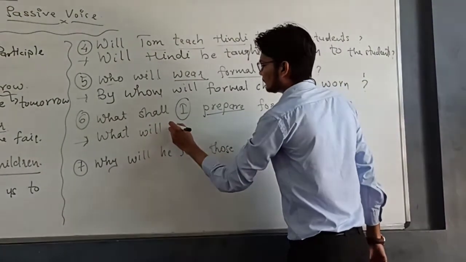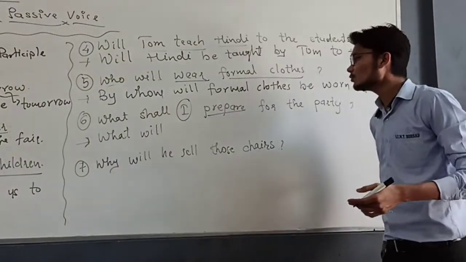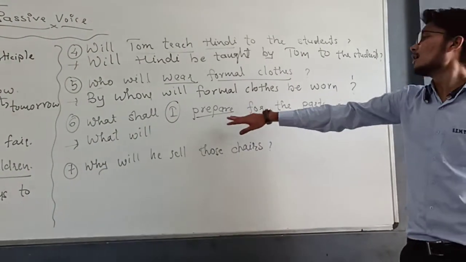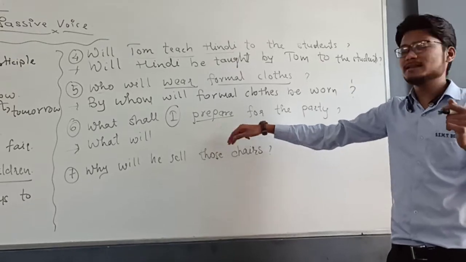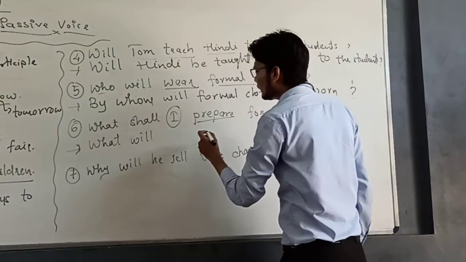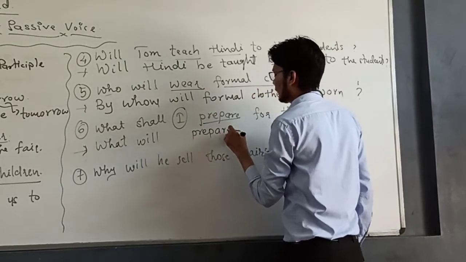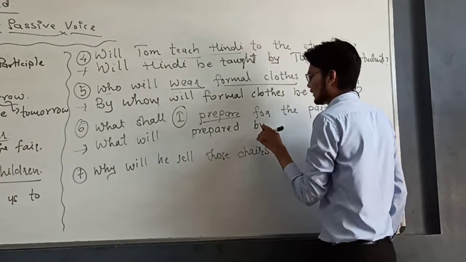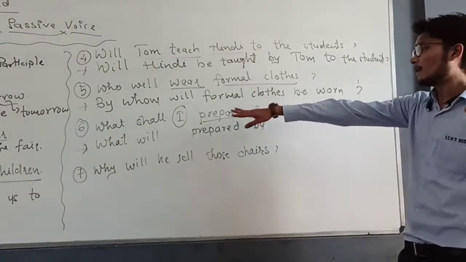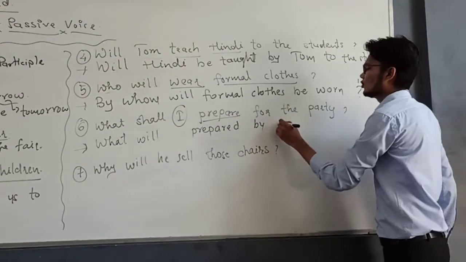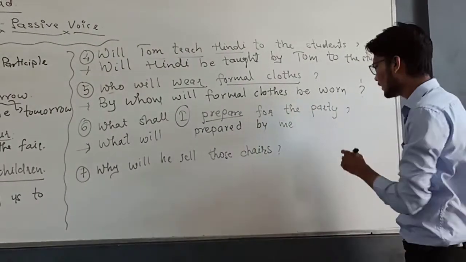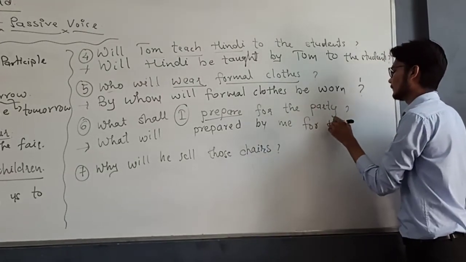Then you have to put the past participle of the verb: what will prepared by. Since "I" is given, you put "by me for the party".